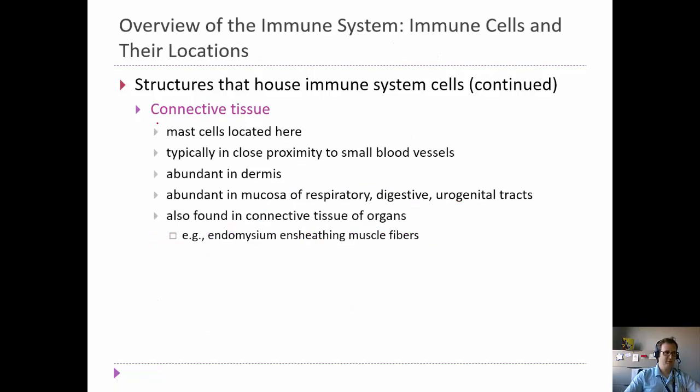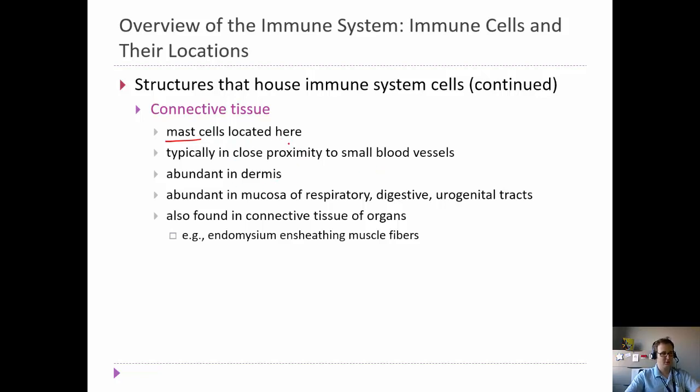Here we'll have the connective tissue cells. We'll have some mast cells, which are like fixed cells that help keep it clean. They work very close to blood vessels, so whenever we have an area that has blood coming in or around it, it's going to have mast cells or macrophages that help keep this area clean.